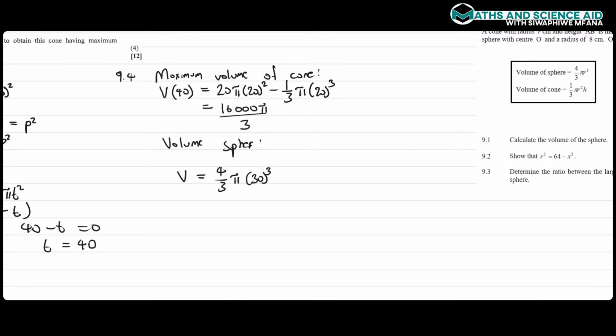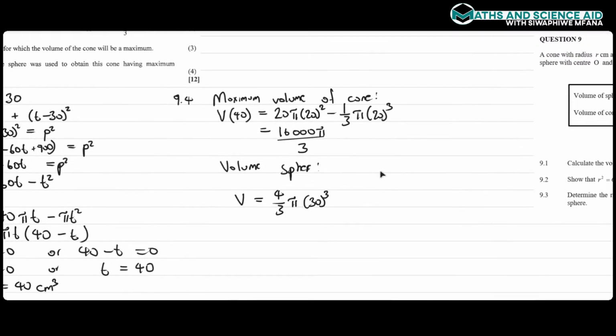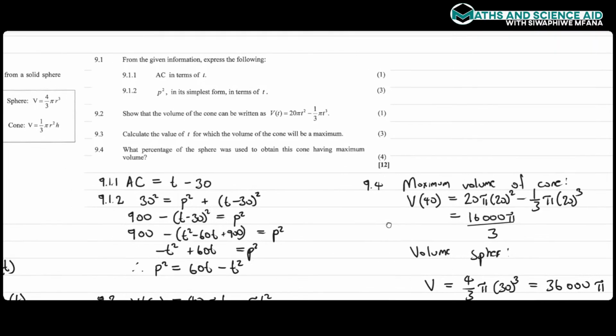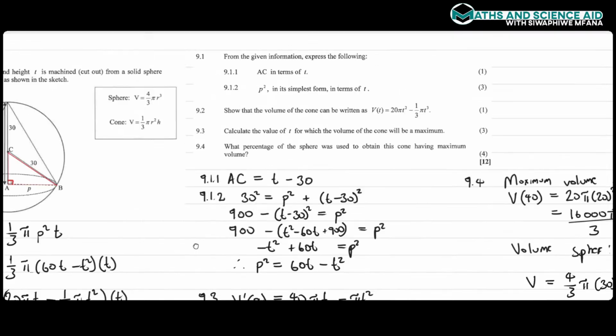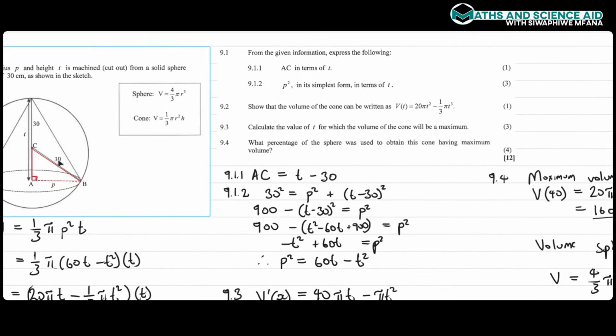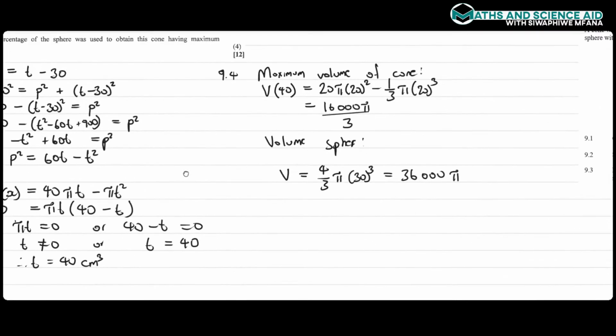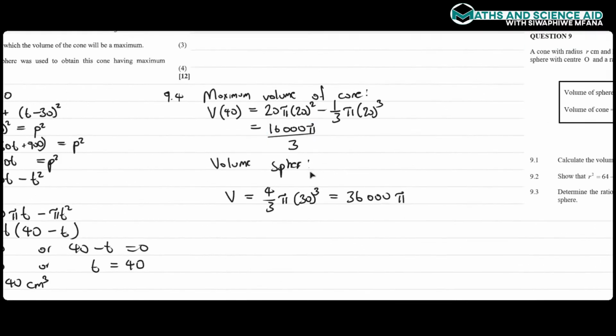That is the volume of this sphere. To double check, for the sphere, the radius is 30. I don't think there's anything wrong with this answer, but it's not quite what I was expecting.